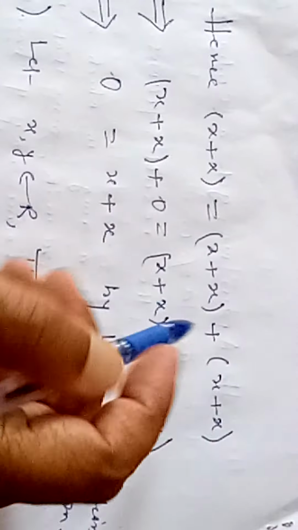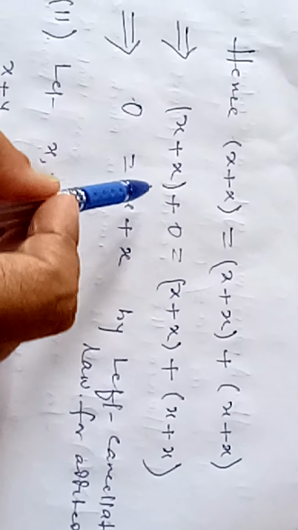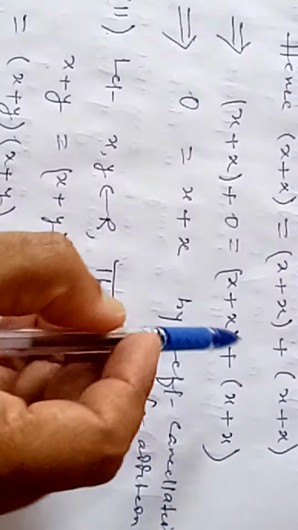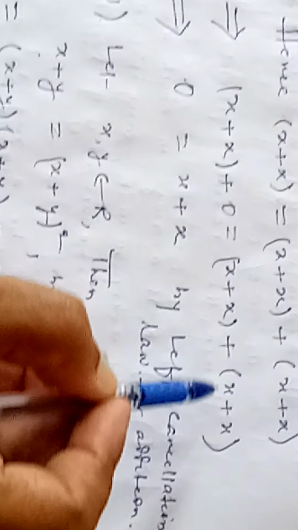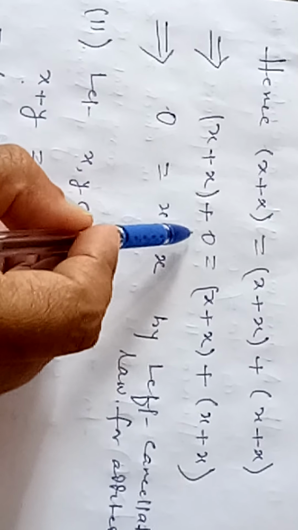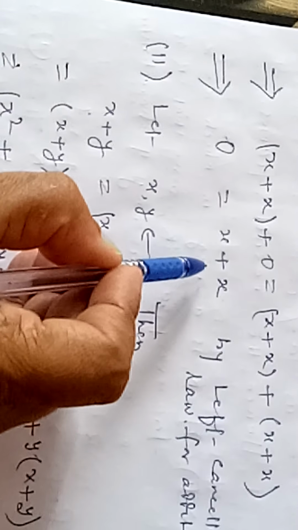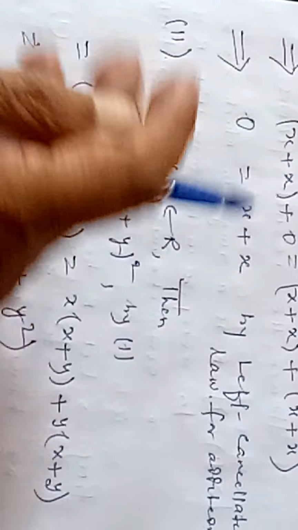Hence x plus x is equal to x plus x plus x plus x. This implies x plus x plus 0 is equal to this, because the ring R has an additive identity. This implies 0 is equal to x plus x by the left cancellation law for addition, and this proves the first condition.